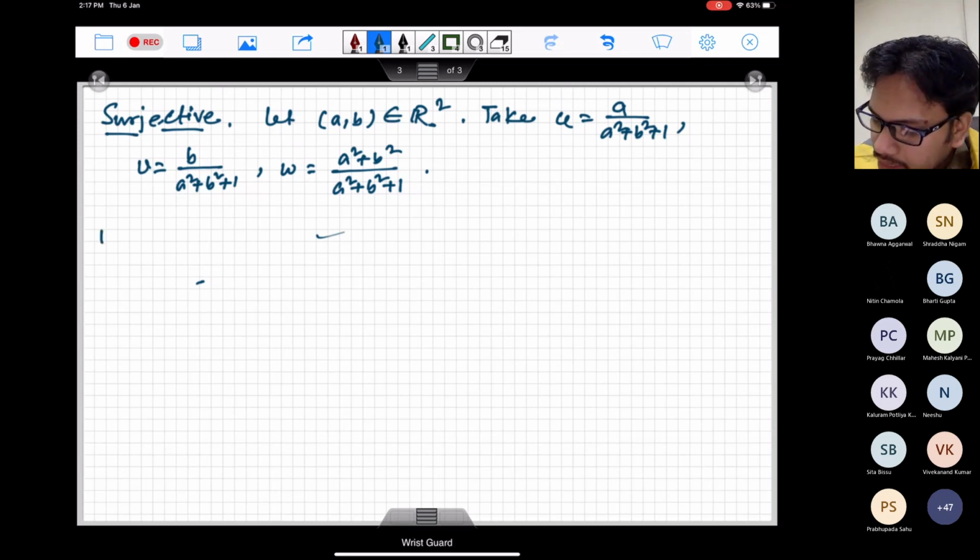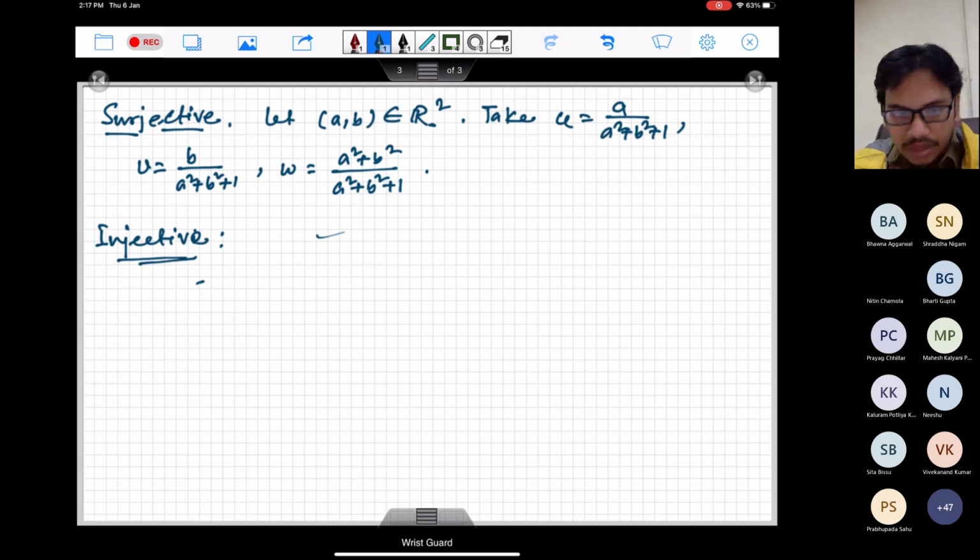Next, the part which I have to prove is the injectivity. So I have to show that if I take two different points, I am going to get two different images. Let us start with two points which might have the same image.